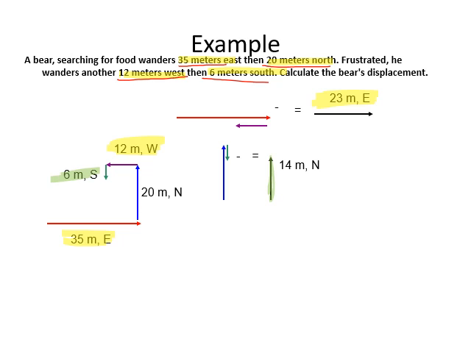So you subtract these two and you get the resultant 14 meters towards north. Now you have these two vectors: 23 meters east and 14 meters north.